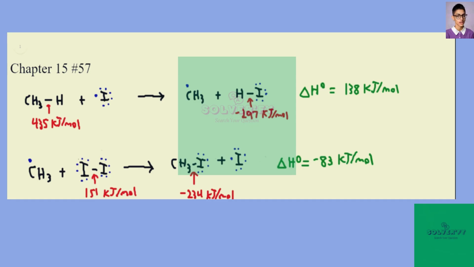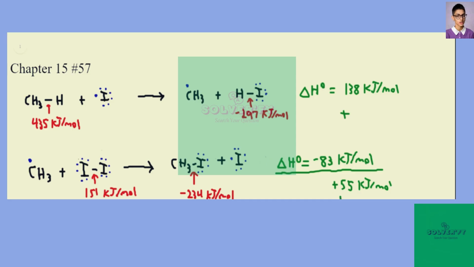And when we look at these two steps together, what we get is positive 55 kilojoules per mole. So 138 minus 83 is positive 55 kilojoules per mole.